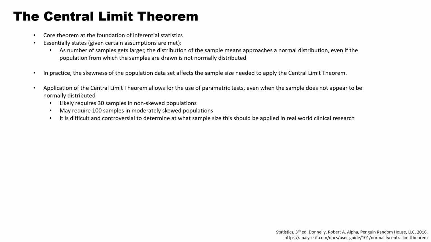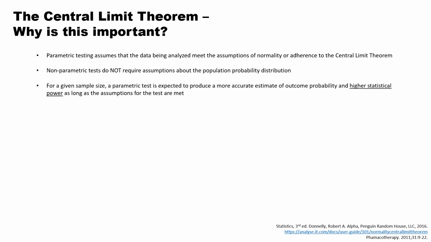But likely this requires at least a sample size of 30 samples in non-skewed populations, and it might require 100 or more samples in moderately skewed populations. It's unfortunately difficult and controversial to say at what sample size this should be applied in real-world clinical research. And so again, you're going to have to consider it on a case-by-case basis and reach out for expert assistance if you're really stuck.